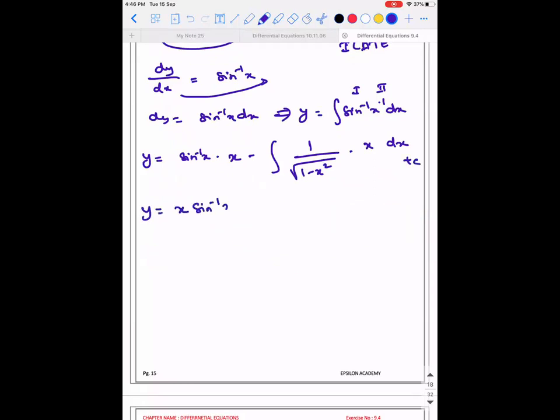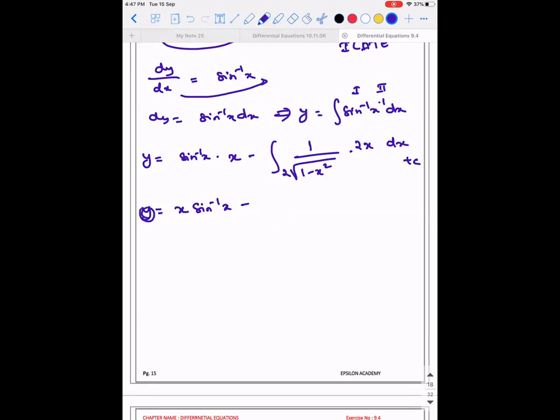So x sine inverse x minus, how to get the integral of this? Multiply and divide with 2. Then you will take 1 minus x square as t. Are you guys able to understand what I'm doing?